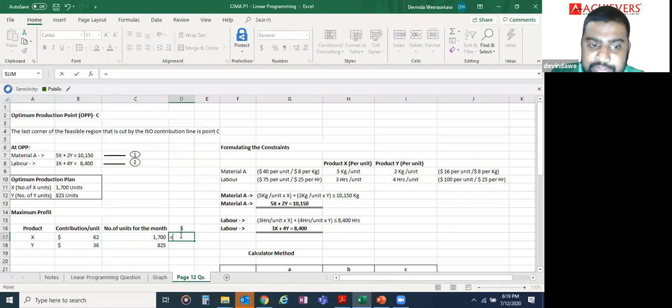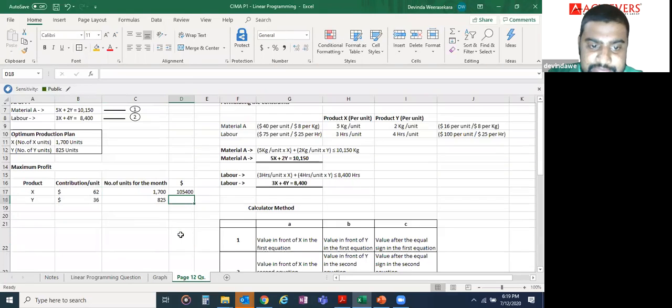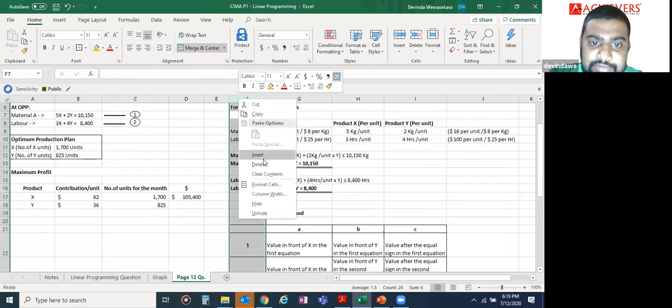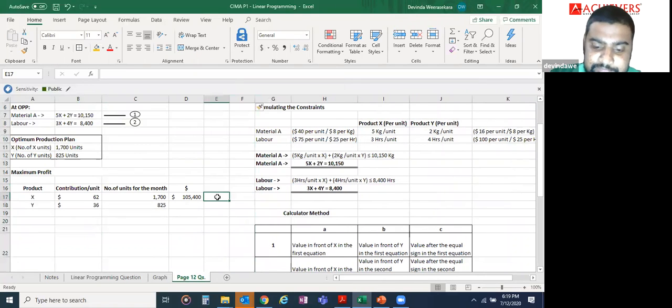So contribution earned from product X will be 62 into 1700. That is $105,400.